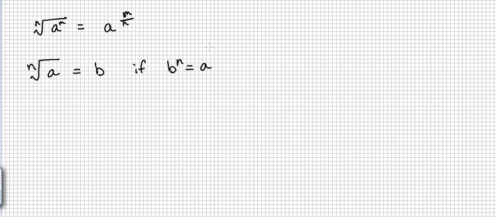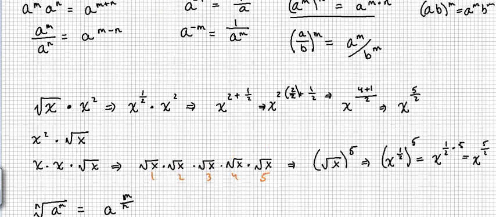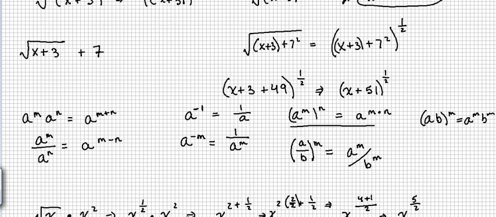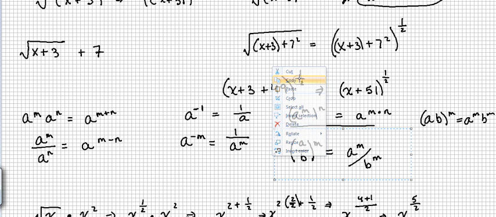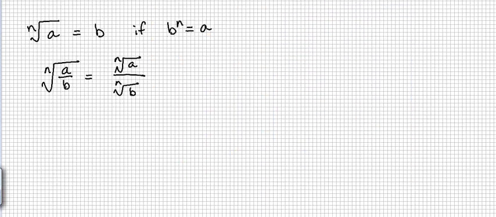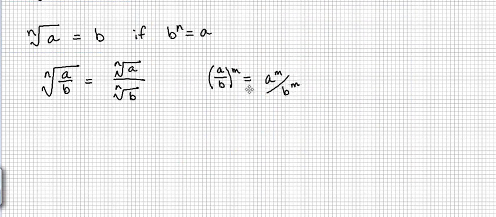And then we have the nth root of a over b is equal to the nth root of a over the nth root of b. And if we go back up here and look, this is the same rule as, let me find it here, as this one. Copy this and paste it down here. These are really the same rule.